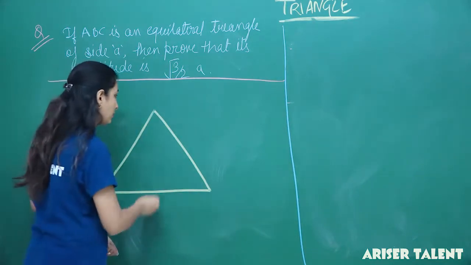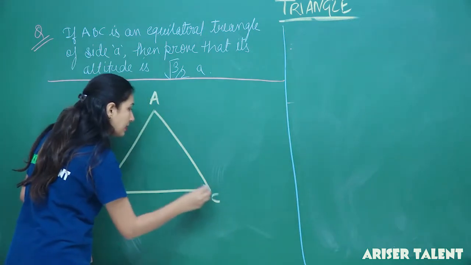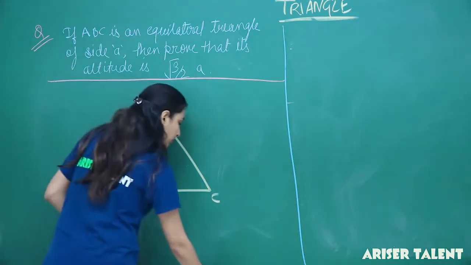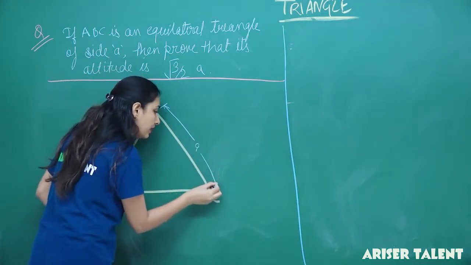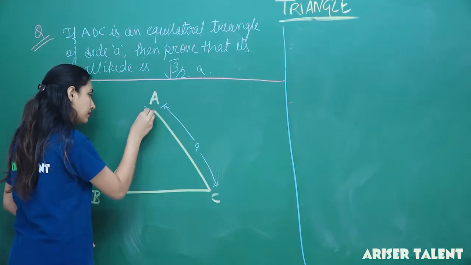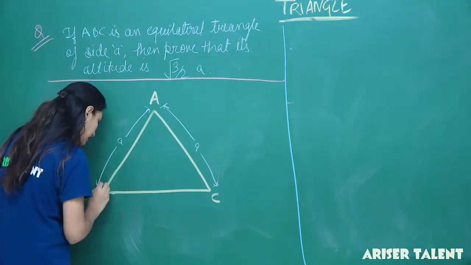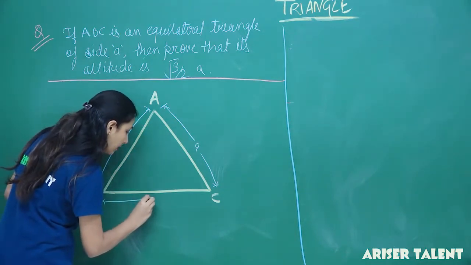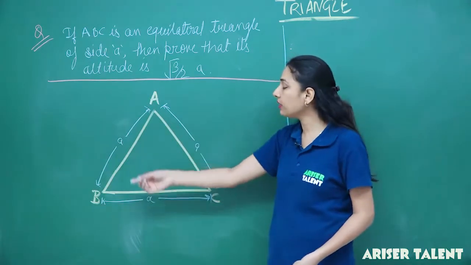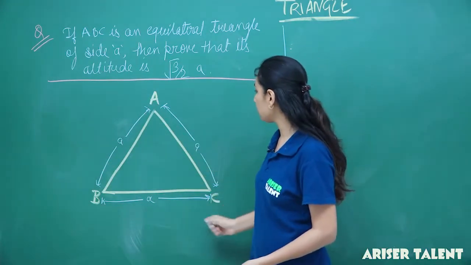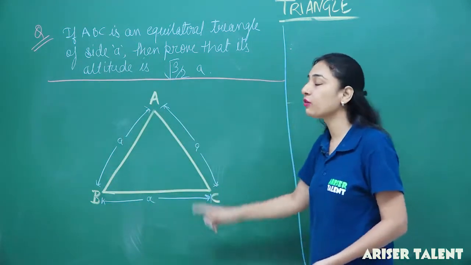So I am having this triangle ABC such that this side AC equals A, this side AB equals A. It's given that the side is A. So BC equals A also. Look at this. This is the equilateral triangle. That means AB equals BC equals AC, and the side is A. So these three sides will be equal to A.